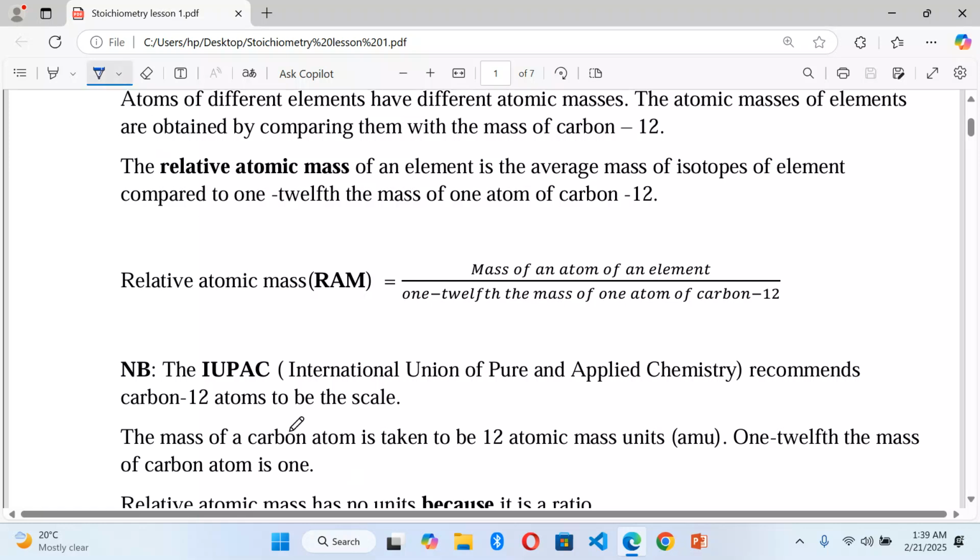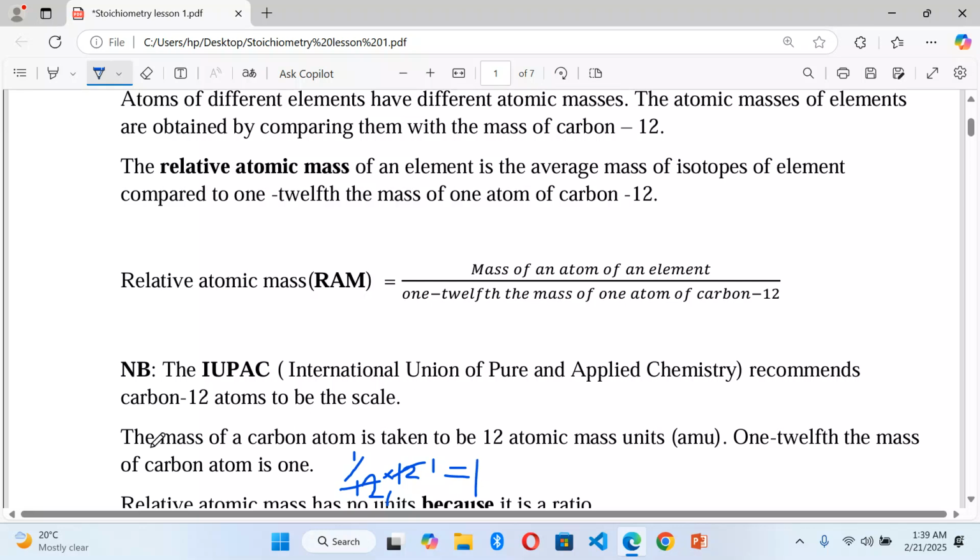When we say 1/12, that is 1 out of 12, and then times 12, the 12 cancels the 12, and our answer becomes 1.